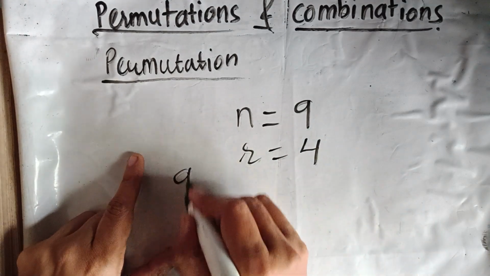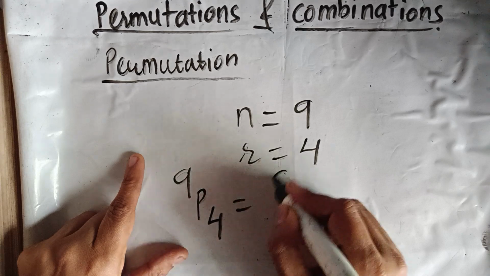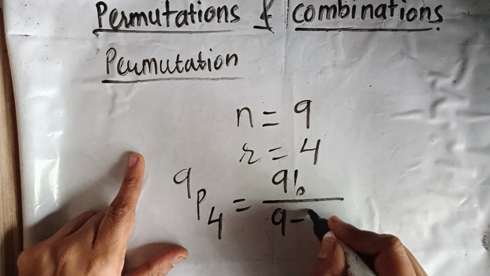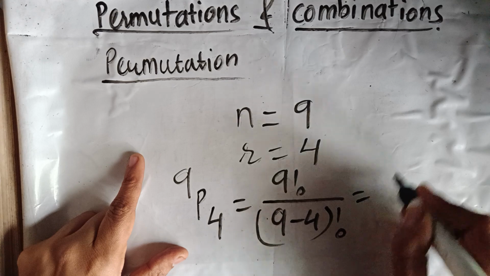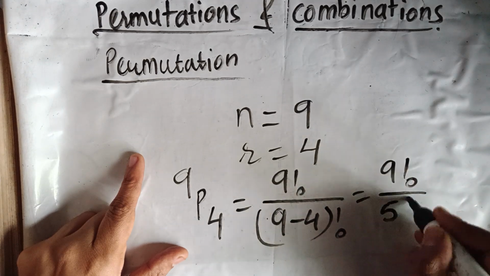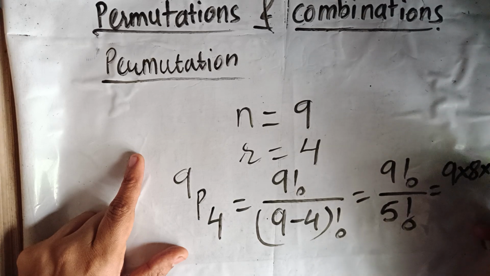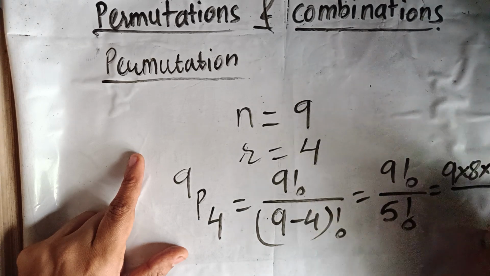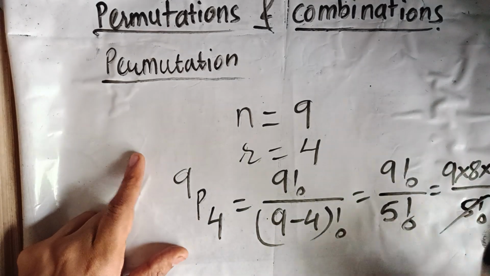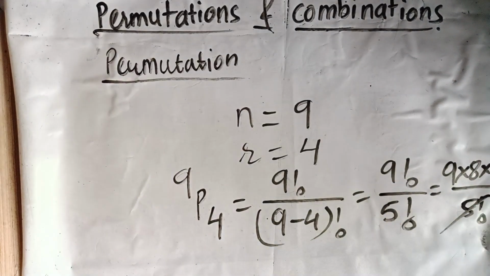So the permutation is 9P4, 9 factorial upon 9 minus 4 factorial. So this is 9 factorial upon 5 factorial. 9 factorial is 9 into 8 into 7 into 6 into 5 factorial. So 9 into 8 into 7 into 6 is 3024.